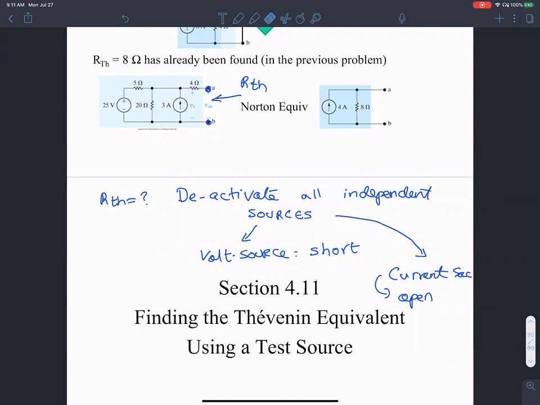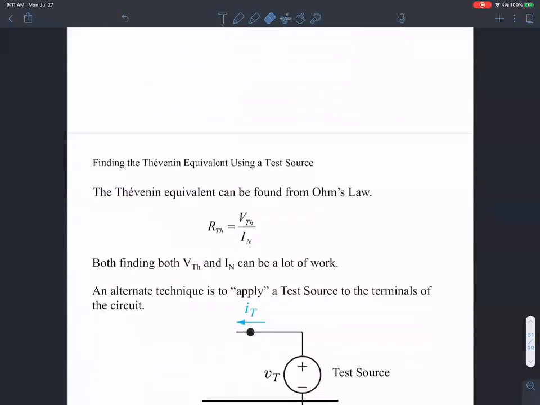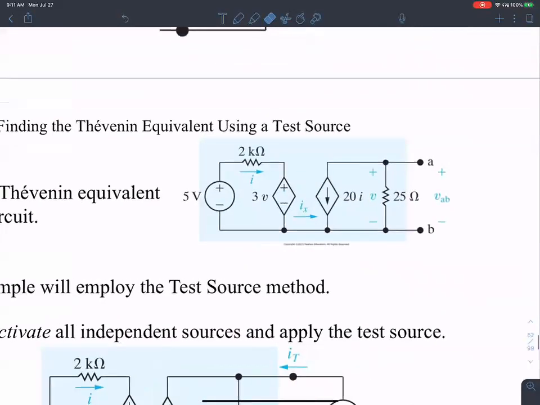Okay, when we come back, the next topic is how do you find Thevenin's equivalent when there are dependent current sources or dependent voltage sources?